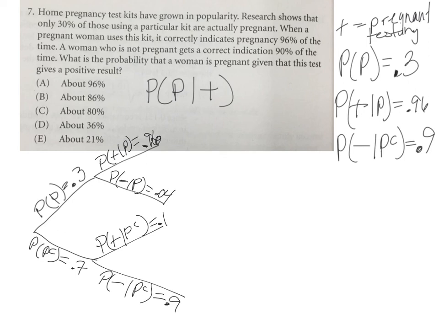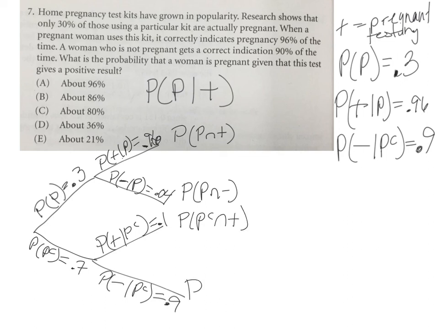So when I multiply those together, we know that the probability of P times the probability of a positive given P is equal to the probability of P and a positive. And the probability of P times the probability of a negative given P is the probability of P and a negative. The probability of P complement times the probability of a positive given P complement is the probability of P complement and a positive.